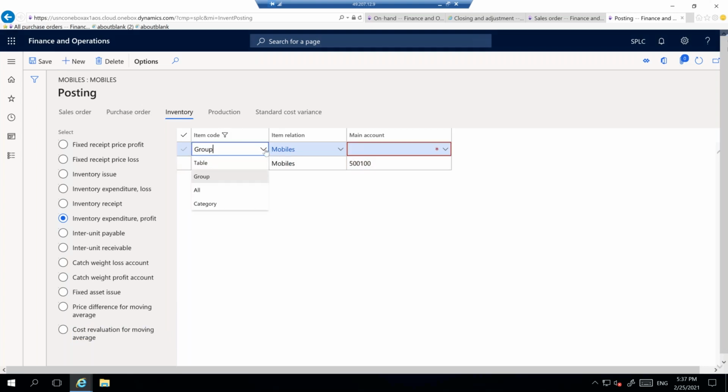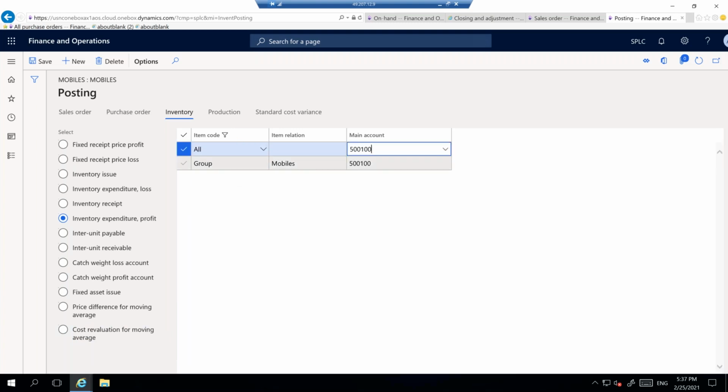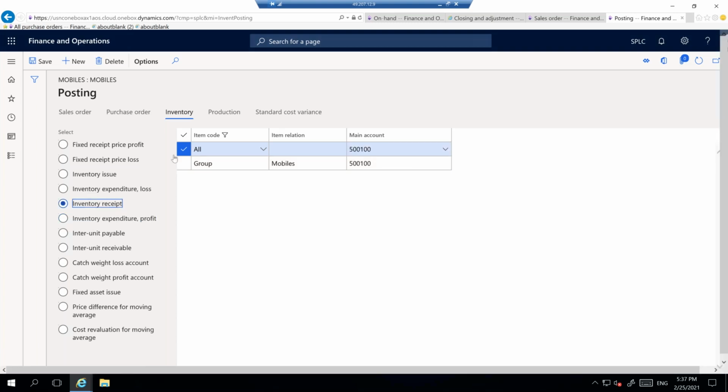Let me map for all. I don't know whether it is a small bug. It is just searching for all. Item group wise is fine actually, but I'm mapping for all also. It is usually not required, but I don't know.